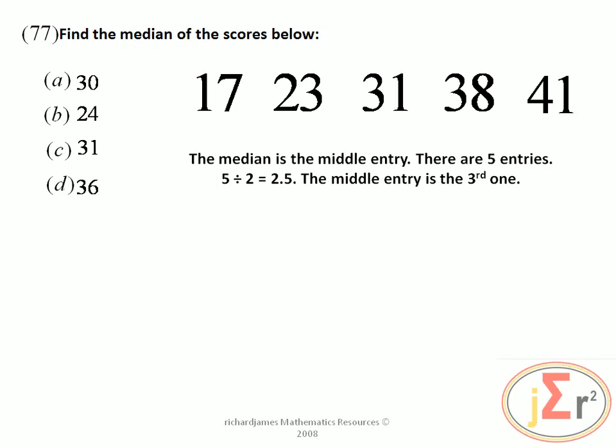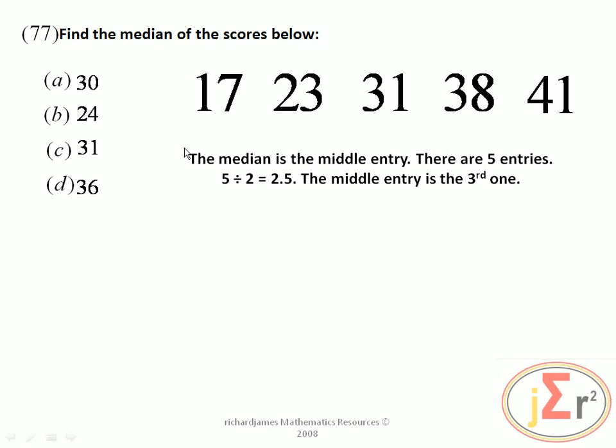Therefore, if it is not an ordered set of numbers, then the median is not necessarily the middle number. But if we have them in numerical order, increasing in size or decreasing in size, then we are sure that we are able to find the median immediately, as it will be the middle entry.